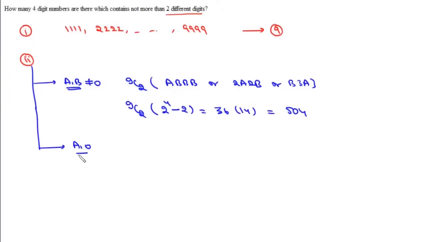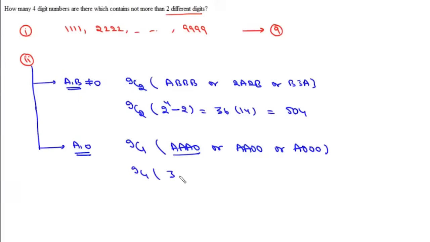Now we consider all the numbers which contain A and 0. Now we can select this A in 9C1 ways, and then we have the numbers as AAA0, or AA00, or A000. Here the number of numbers that can be formed is 9C1 times: here we can have the 0 in 3 positions, so it will be 3 such numbers, plus here also this A will be fixed and these A00 will be arranged in 3 ways, and plus 1, so it will be 9 into 7, which is 63.